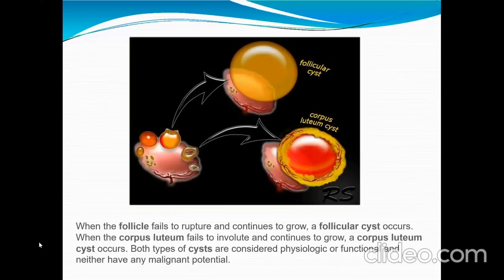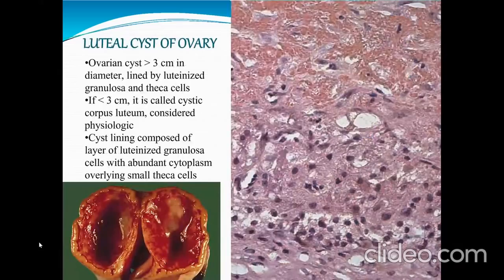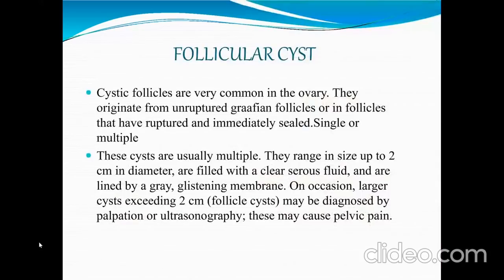Both types of cysts are considered physiologic or functional, and neither have much malignant potential. And another thing to remember is corpus luteum cysts are generally very large. As we have already discussed, corpus luteum cyst is more than 3 centimeter, whereas follicular cysts, as we have seen in the slide, generally range up to 2 centimeter only.